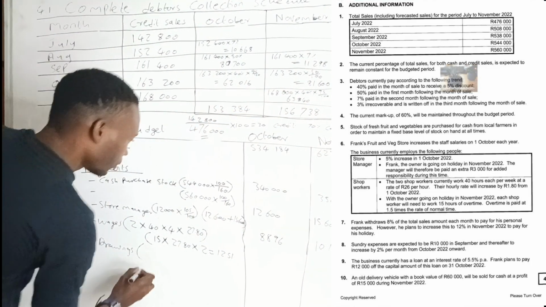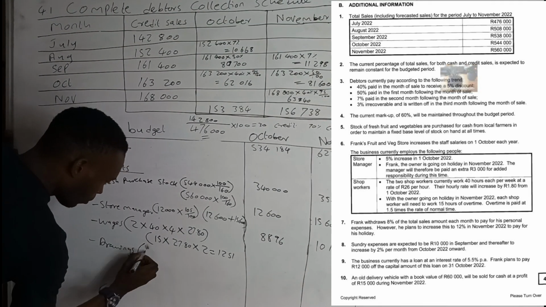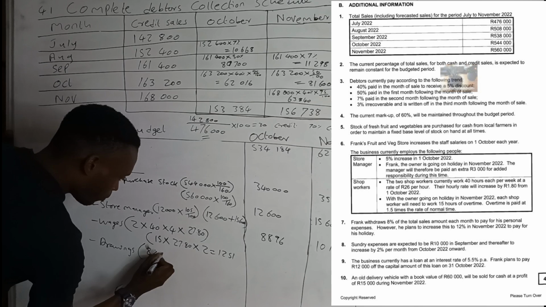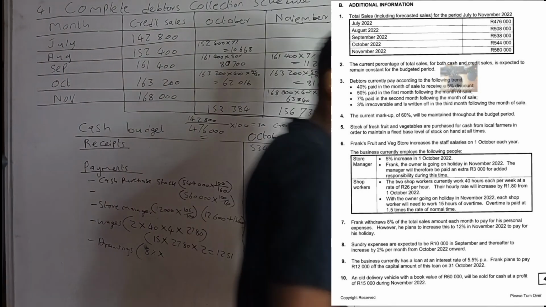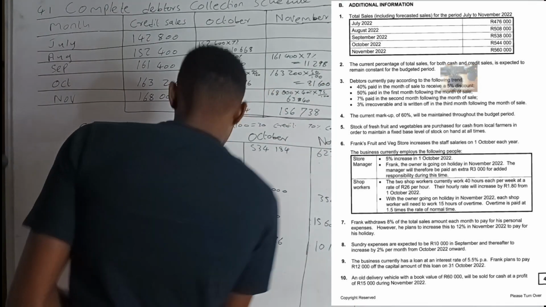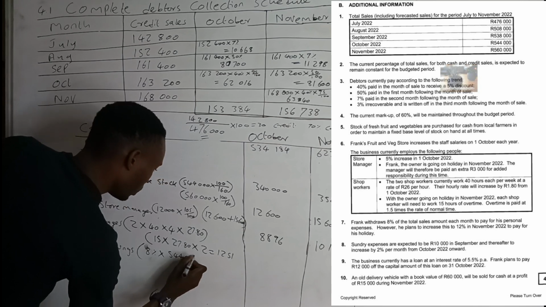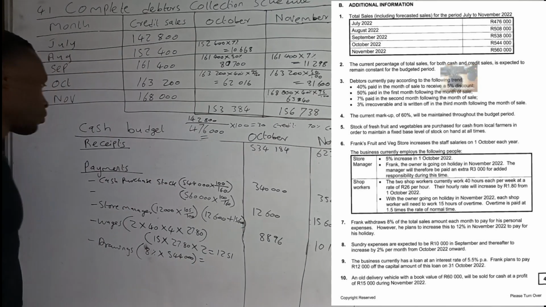Drawings for October is 8% of what? 8% of total sales. Okay, which is 544,000. Okay, then it's going to give us the amount for October.